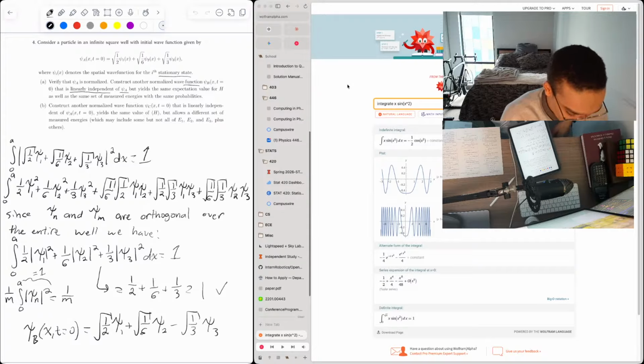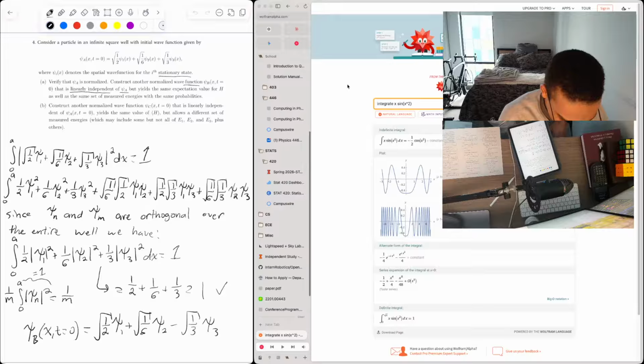Yeah, this is so stupid. But yeah, this is the principle of orthogonality. If you have the integral of two different states, it evaluates to 0, so you only have the pure terms, no cross terms. And then this also all has to equal 1, which we checked.